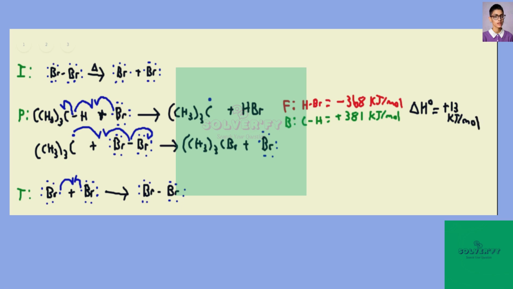Okay, and we'll just do the exact same thing for the second step. In the second step, we are forming a carbon-bromine bond, and that is going to be worth negative 272 kilojoules per mole. And we are breaking a bromine-bromine bond, and that is going to be worth positive 192.